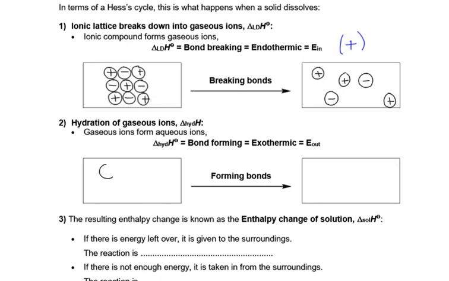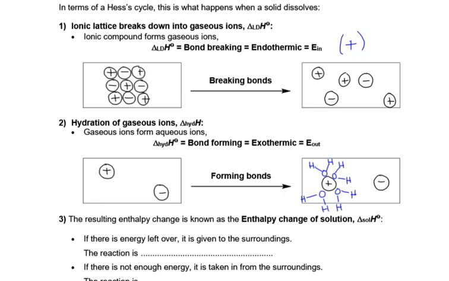Then you take those ions. I'm just going to draw two for ease of space. Water molecules surround them. If you think about the positive ion and then you draw your waters, which bit of water would be attracted? Oxygen is the negative part of water, so the waters start to surround and form attractions to the positive ion, and those attractions release energy.